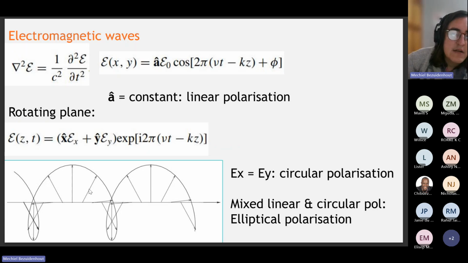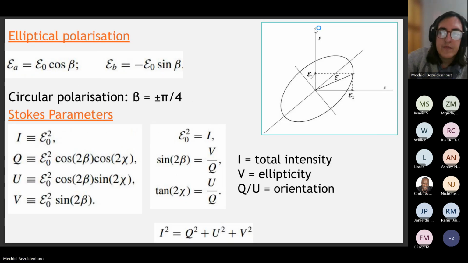In this case, it's turning clockwise, so that's called right-hand polarization. If Ex equals Ey, that's called circular polarization. So linear polarization and circular polarization are edge cases of polarization. In general, waves will have a mix between linear and circular polarization, and we call that elliptical polarization.